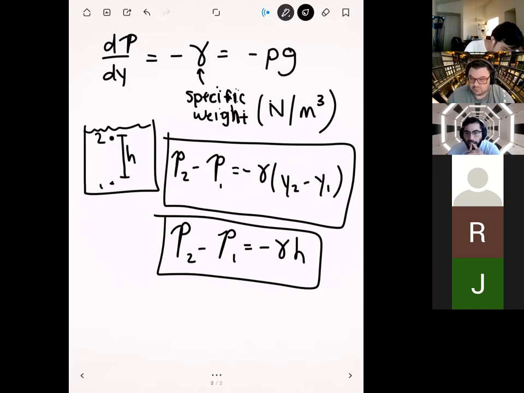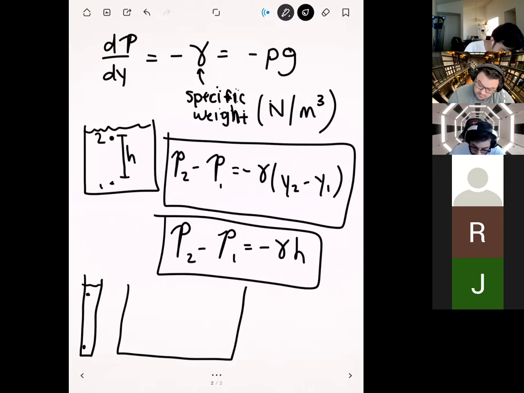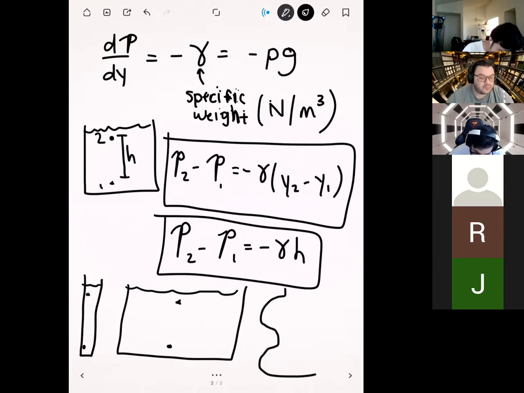So I'm going to draw some examples here. Say you have a narrow container, like a beaker. You can have a really wide one like this, right? Or you can have a really funky container like this, right?